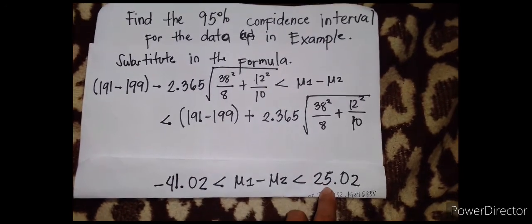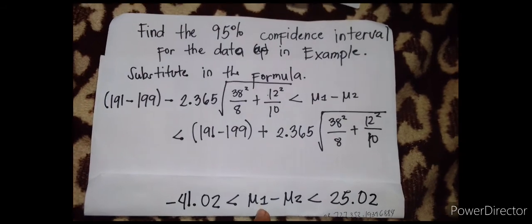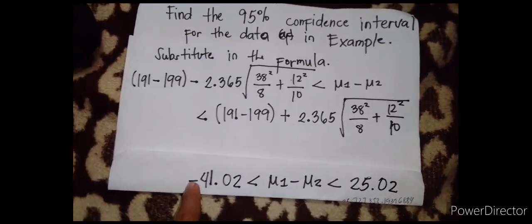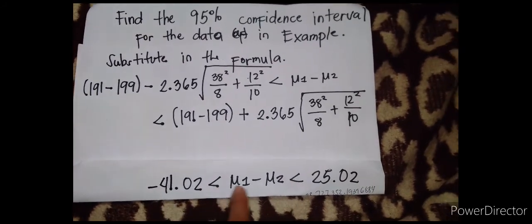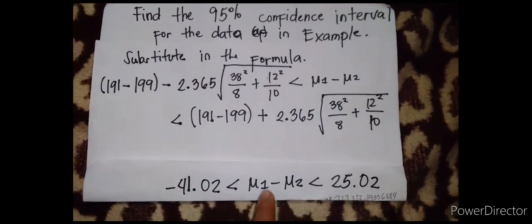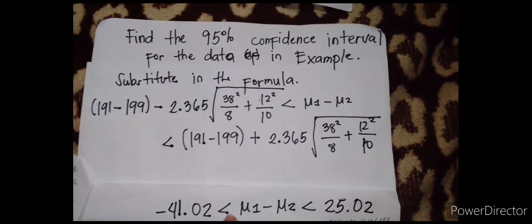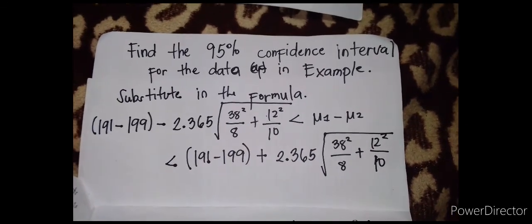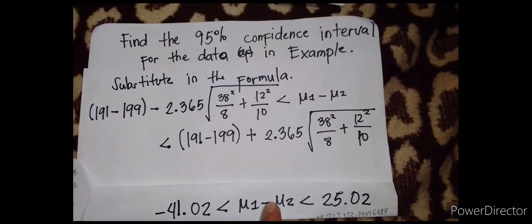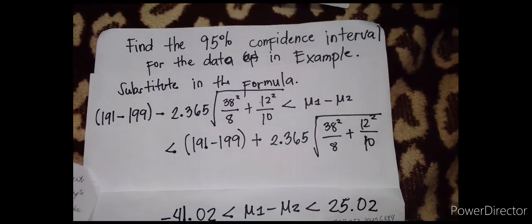So we got 25.02. We conclude that the first population mean minus second population mean is greater than negative 41.02 but less than 25.02. Since zero is contained in the computed interval, our decision is that the null hypothesis is not rejected.